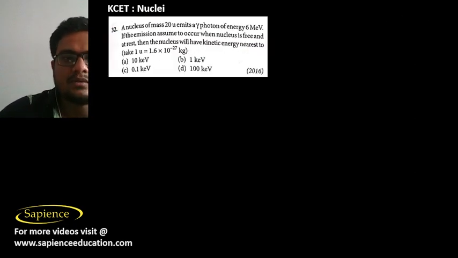A nucleus of mass 20 U emits a gamma photon of energy 6 mega electron volt.